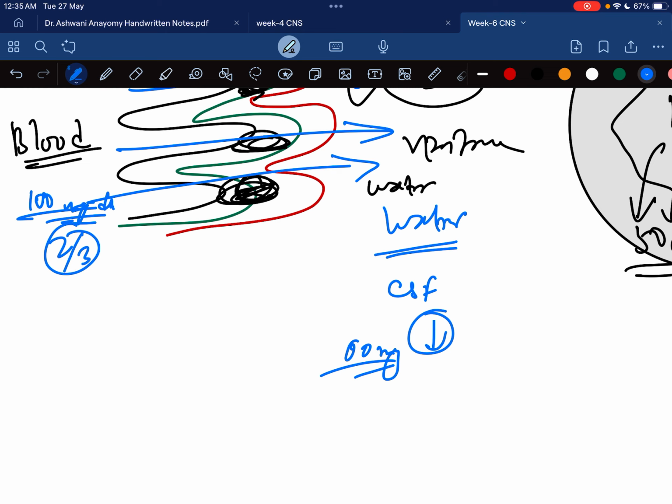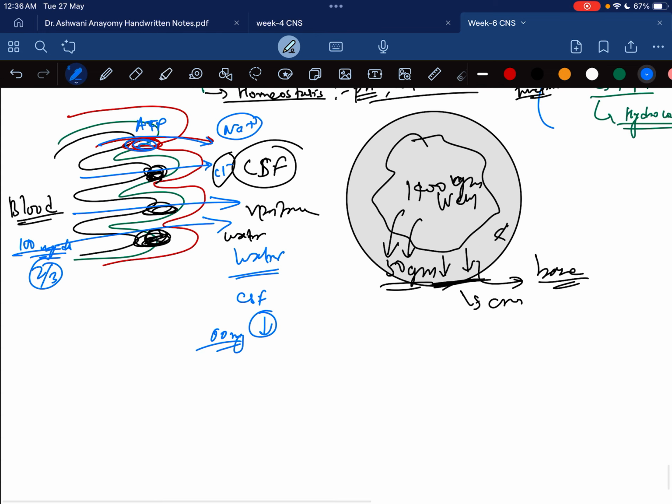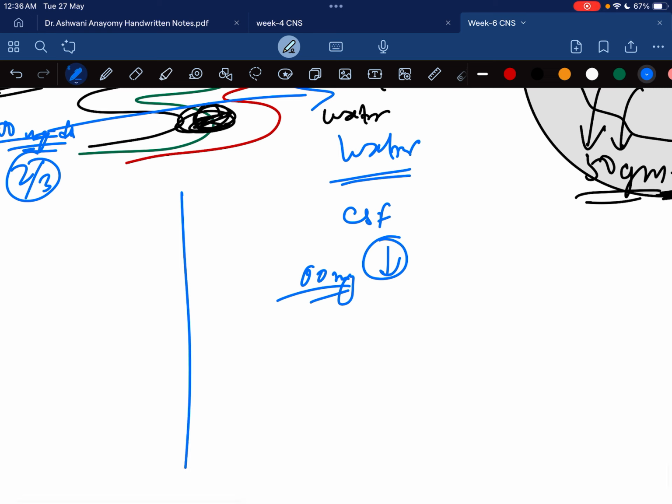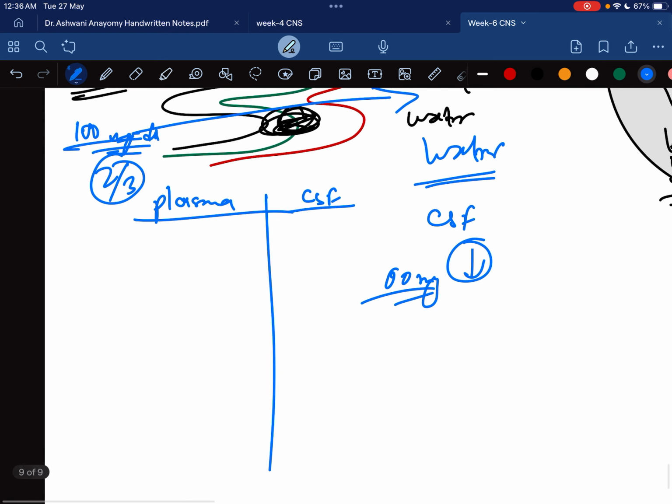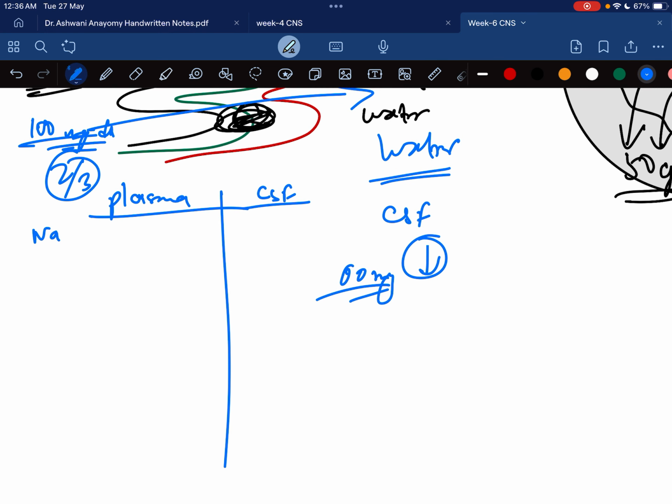Regarding the composition, comparing the plasma component and the CSF component: for sodium, there is an equal amount of sodium ion. For chloride, there is more, by more than 50%.